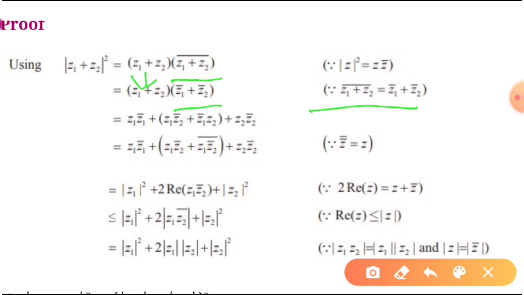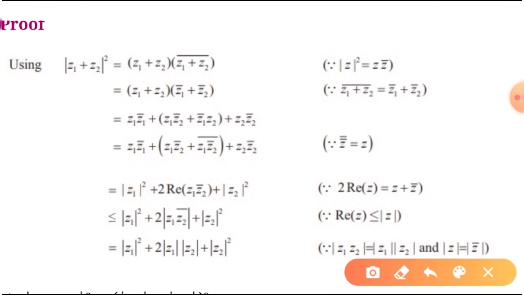The conjugate of the sum of two complex numbers is equal to the sum of their conjugates. Here z1 plus z2 whole bar is equal to z1 bar plus z2 bar.